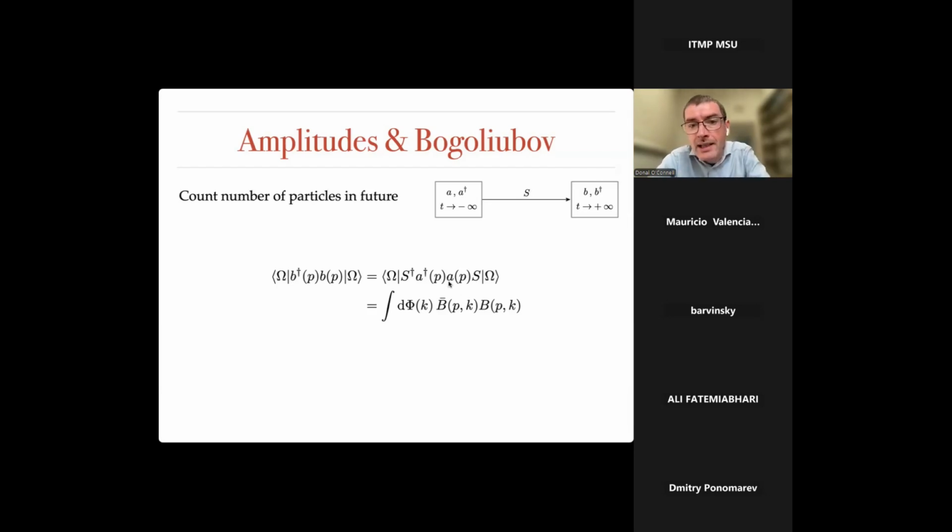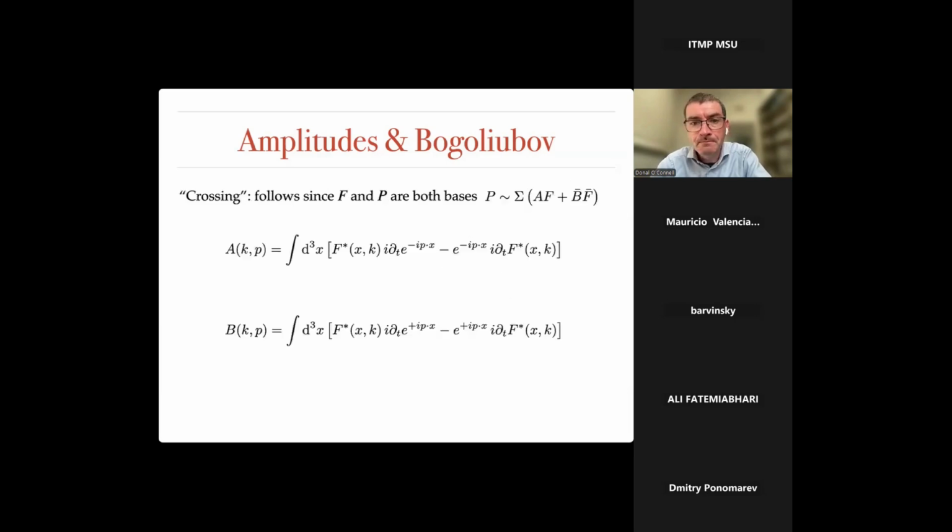And now I can rewrite these things using the Bogoliubov expressions. It's straightforward to see that this expectation value is just given by Bogoliubov B squared, basically. So in other words, if I want to count the number of particles being produced in the Hawking particle production process, one just needs to compute Bogoliubov B.